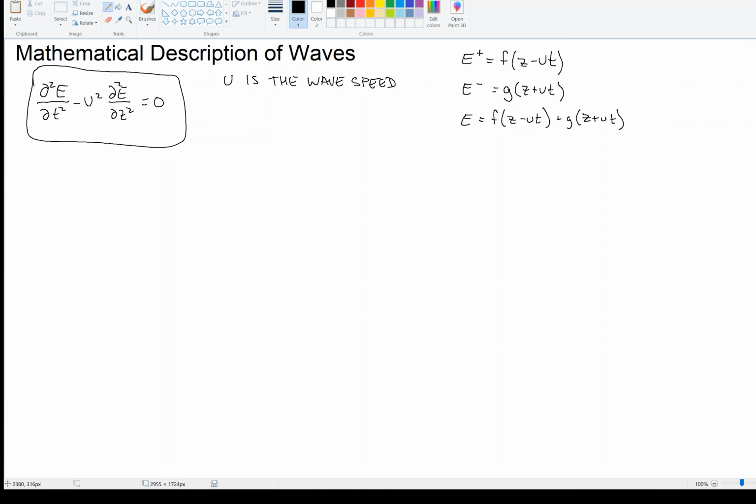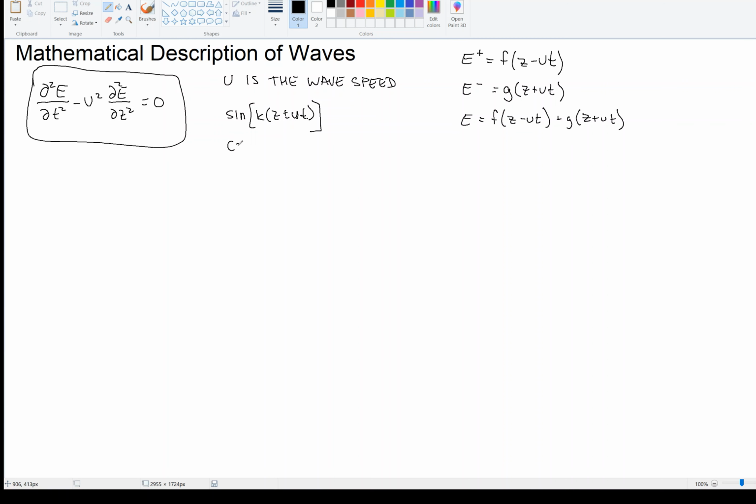Now, let me just give you some examples of what these functions could be. Remember, they could be anything as long as z minus ut or z plus ut occur together. So for example, sine of k times z plus or minus u times t. That would satisfy the wave equation.